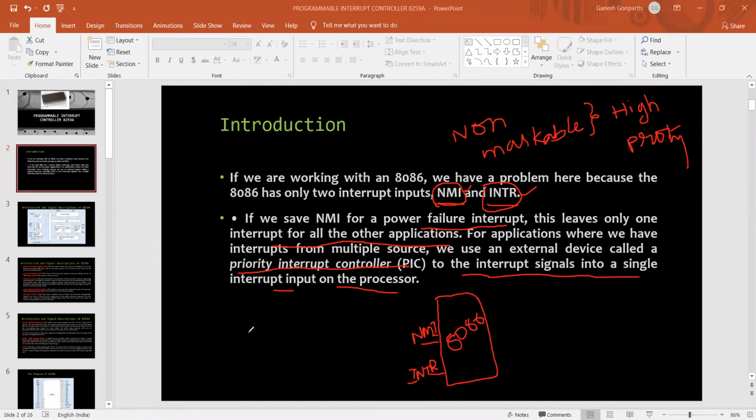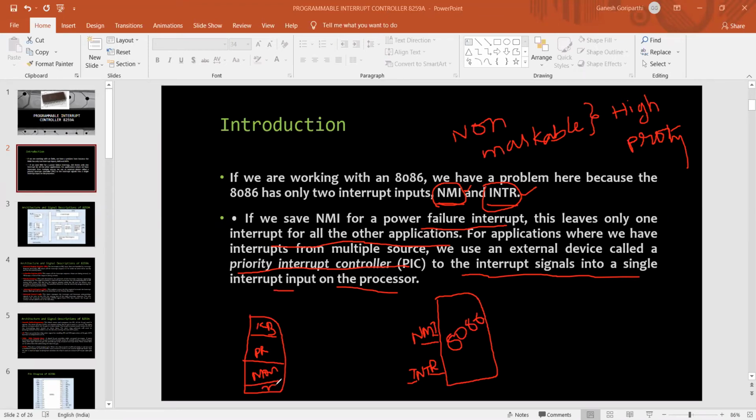But the thing is, this 8086 is connected with several devices. The keyboard is one device, the printer is another device, the monitor is another device, the mouse is another device.